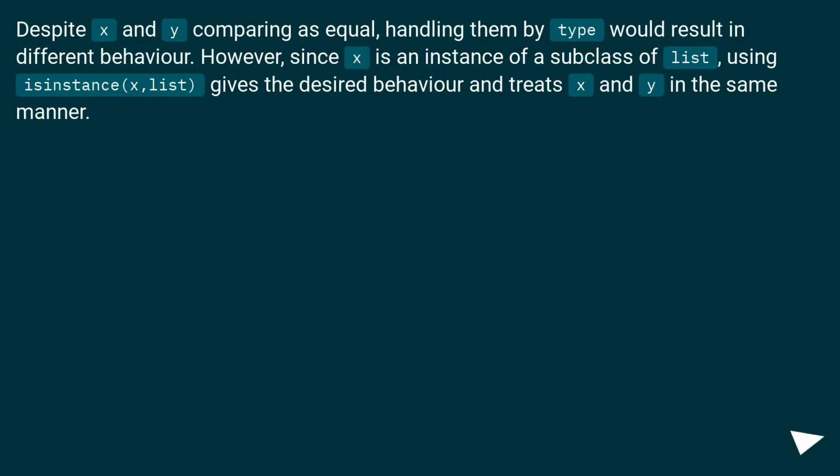Despite x and y comparing as equal, handling them by type would result in different behavior. However, since x is an instance of a subclass of list, using isinstance(x, list) gives the desired behavior and treats x and y in the same manner.